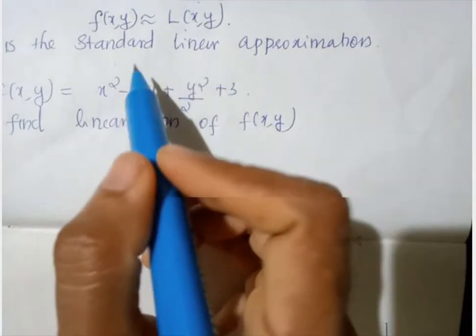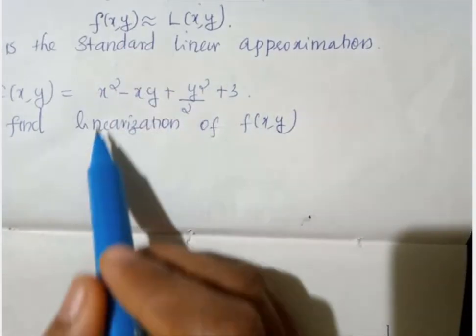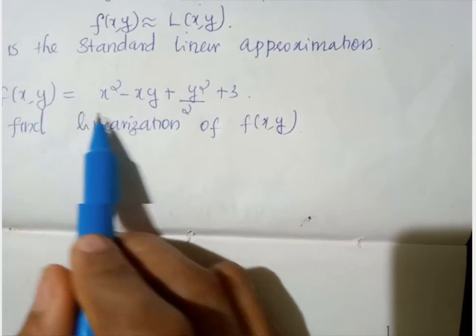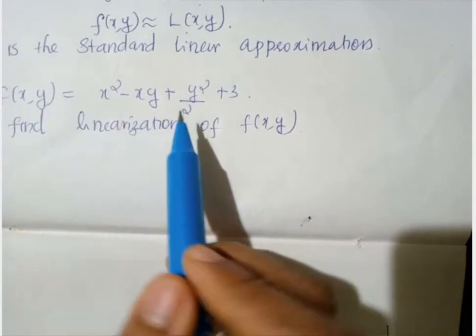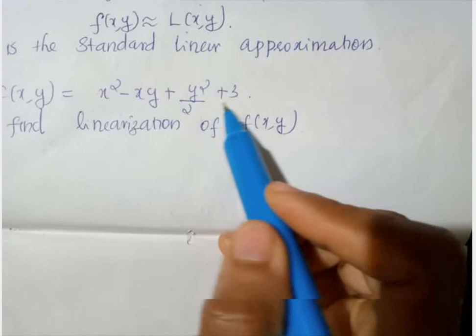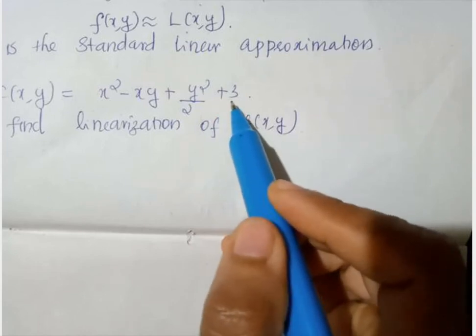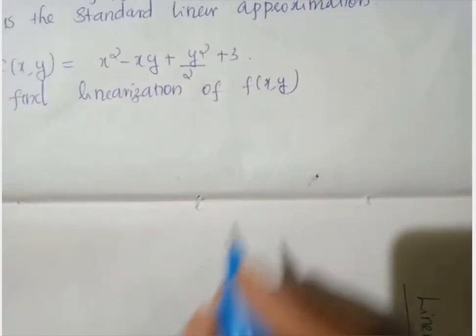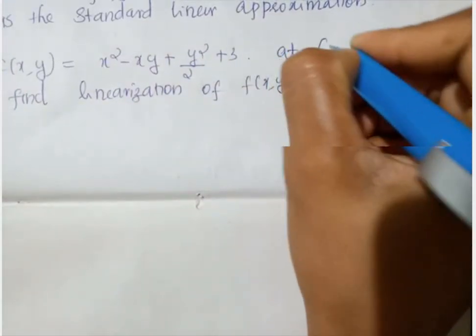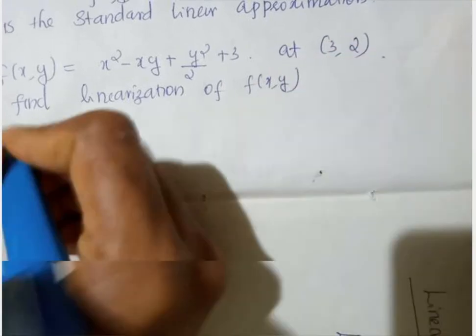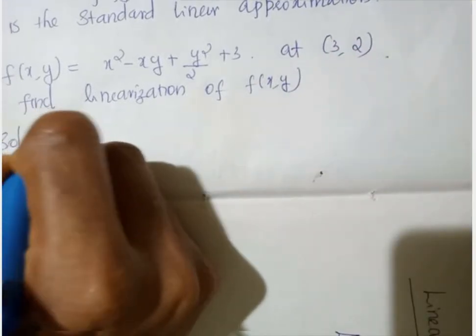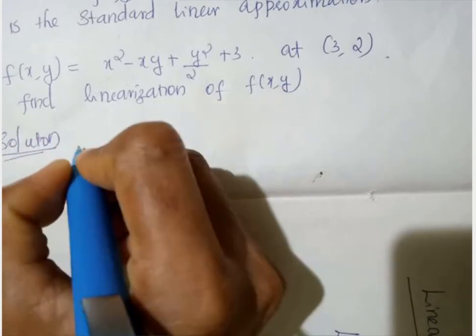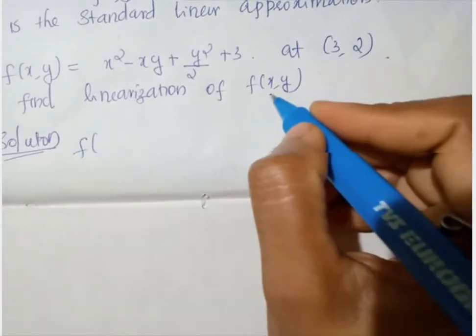So, consider the function f of x, y equal to x square minus xy plus y square by 2 plus 3, at the point 3, 2. How will you find the solution? First, to find f at x naught, y naught, here it is 3, 2.